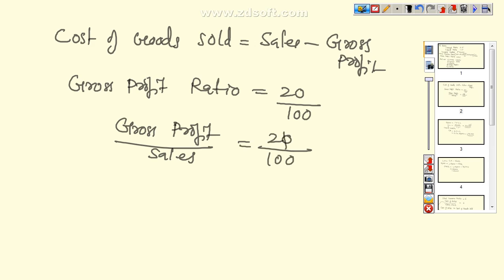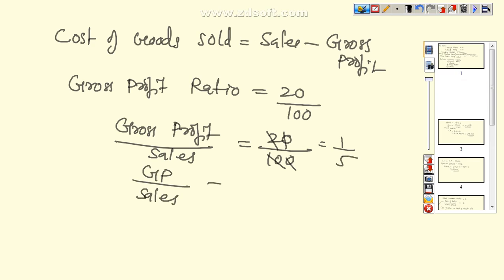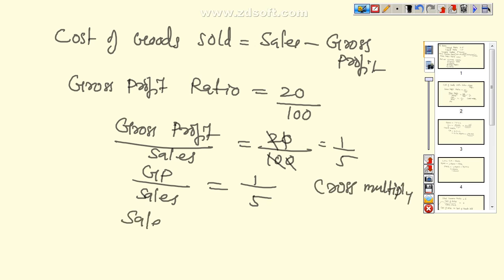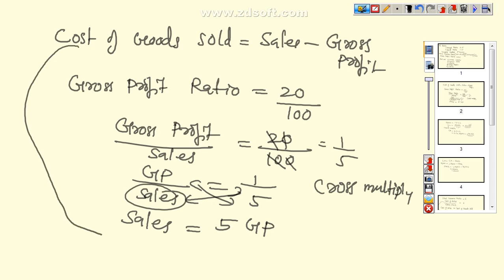This 20 upon 100 we can write as 1 upon 5. So GP upon sales is equal to 1 upon 5. If we cross multiply, we can write sales is equal to 5 GP.